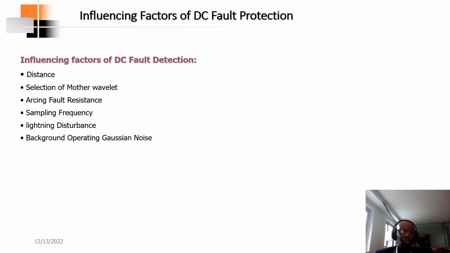As such, Gaussian noise ranging from 5 dB, 10 dB, 20 dB, 30 dB, 40 dB, 50 dB, and 60 dB was considered and was added to the steady state signals and also the faulted signals before processing was done.